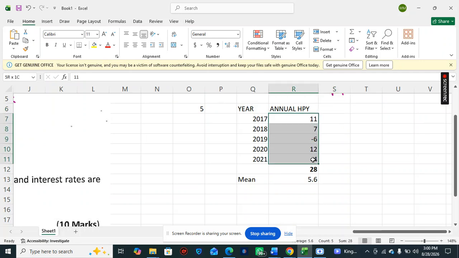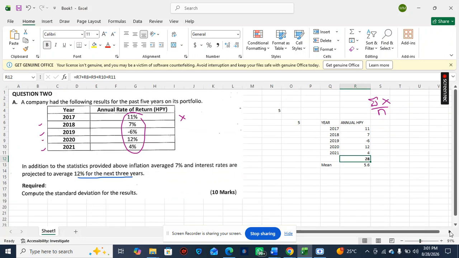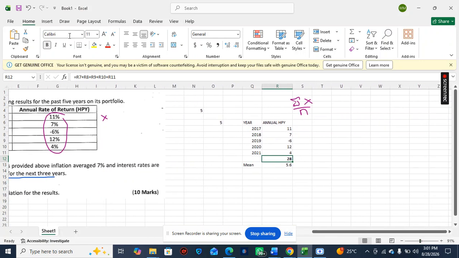I added these values, 5 years. So our average return is 5.6%. After that, we need to get our standard deviation. This is the formula for the standard deviation.